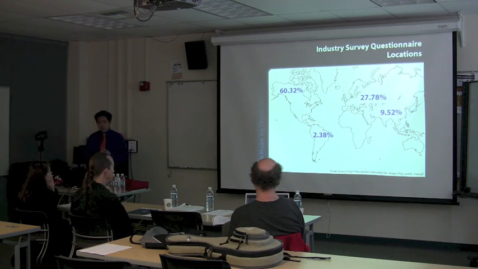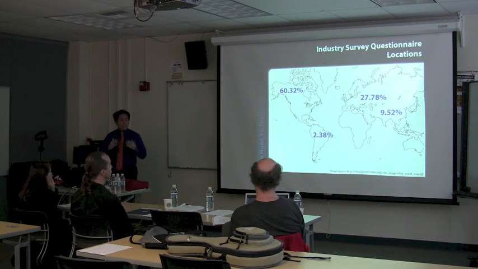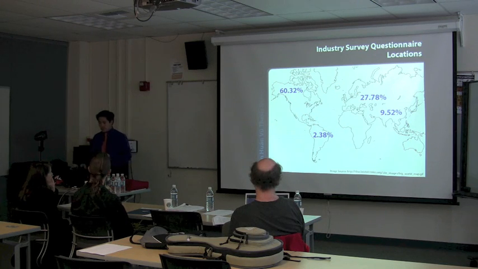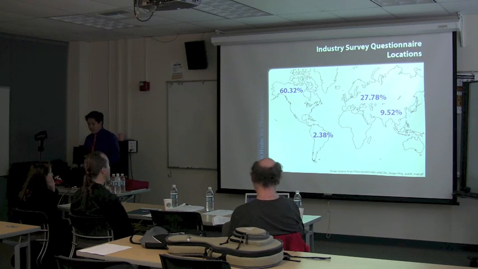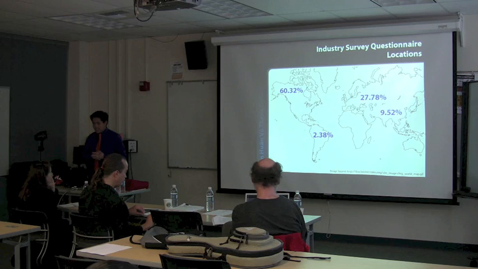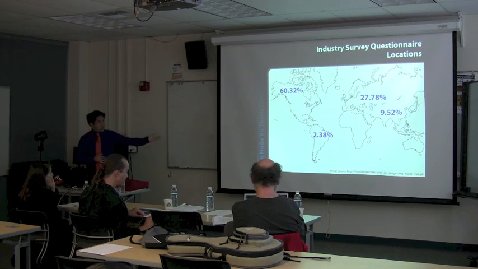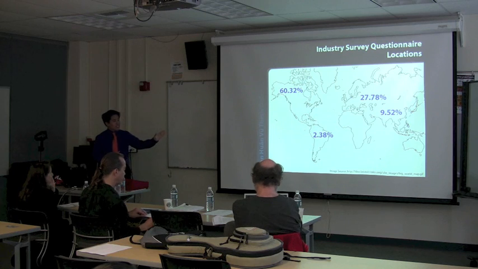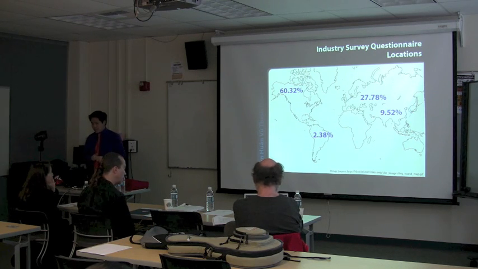Next, there were a total of 126 responses that indicated their work location. You can see the full list under tables 18, 19, 20, and 21 in the handout. This map shows the distribution of respondents located within the continents of North America, Europe, Asia, and South America.